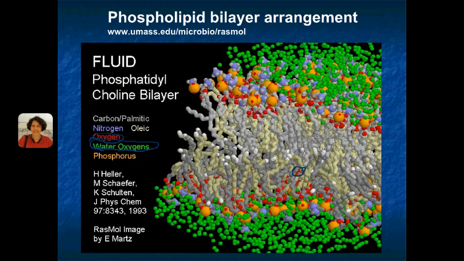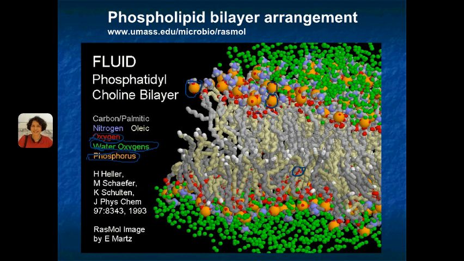We can also see the hydrophilic part of the phospholipids. They labeled phosphorus. Remember that the hydrophilic part of the phospholipid has a phosphate group, and of course there is phosphorus in the phosphate group. So all these phosphorus atoms are in the big orange spheres.